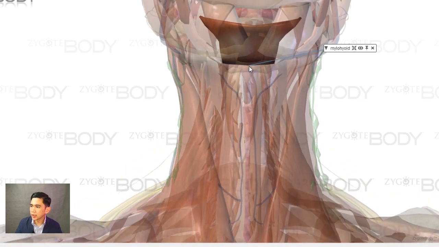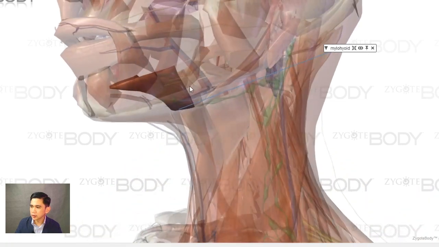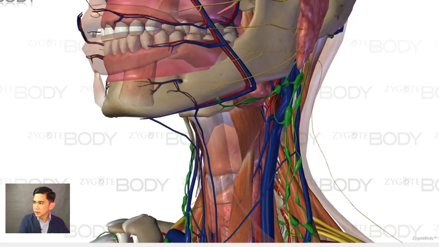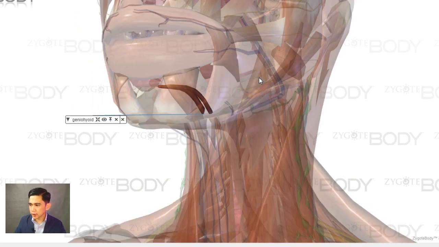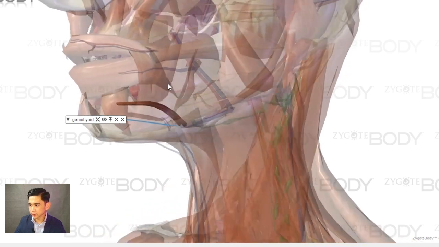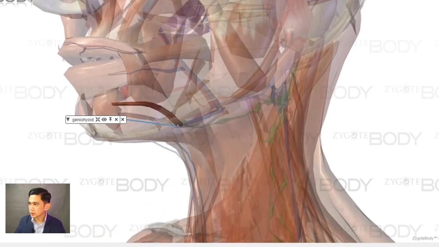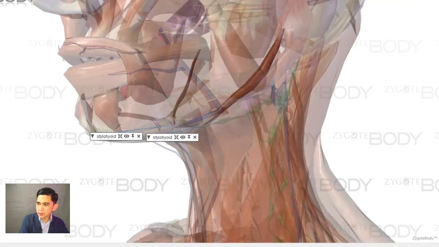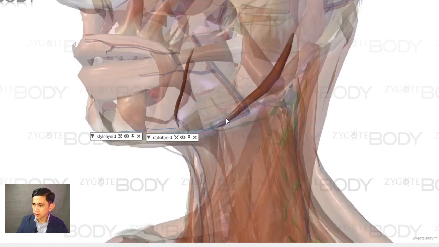This is the mylohyoid. Look, it forms the floor of the mouth. That's the geniohyoid, which also forms the floor of the mouth. We have the stylohyoid, aside.